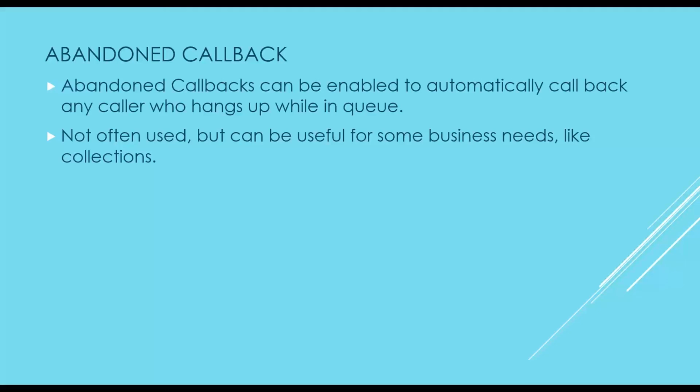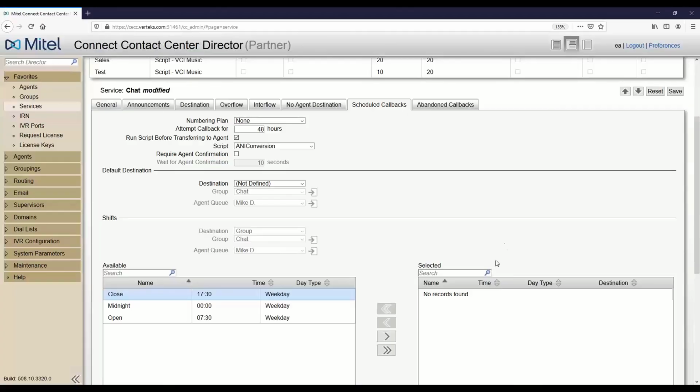So if I were to call into a queue from Verteks here, and I hang up, and we have this abandoned callback turned on, I'm not going to get the call back. The main number at Verteks is. So, again, this is a bit of an edge case feature, but there are definitely some scenarios where it's useful. And to configure it, it's actually here back in the service in contact center director.